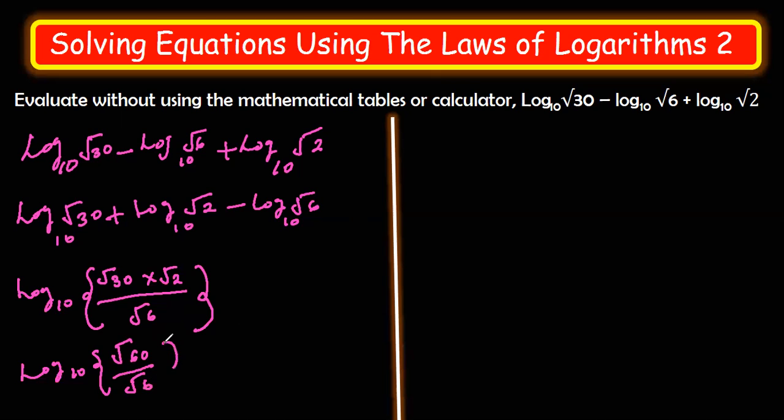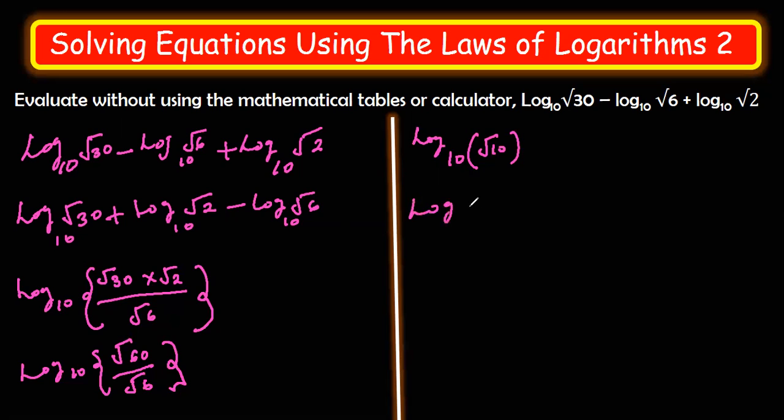Then we have log in base 10. Then 60 divided by root 6, we should have log root 10. So we are going to have something like this, root 10 now.